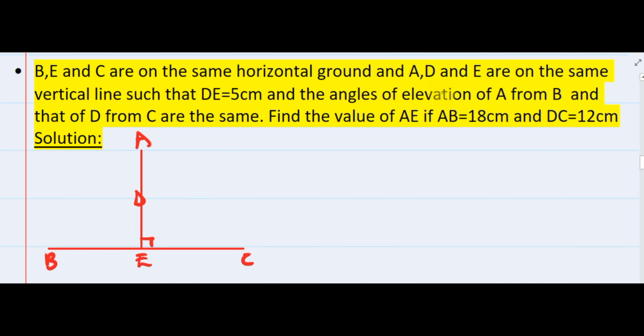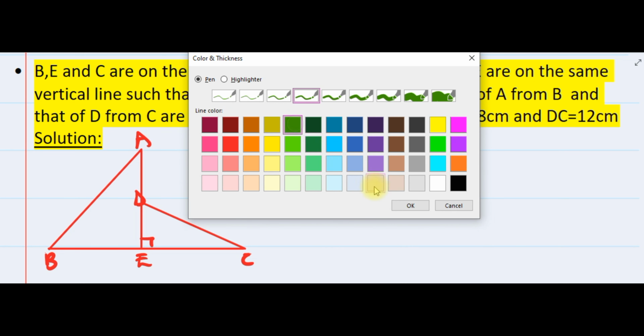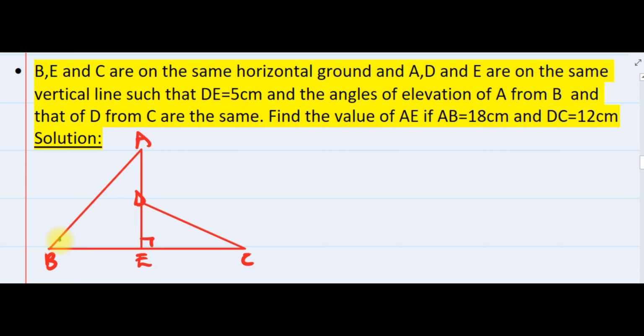Let me just finish. The angles of elevation of A from B, and that of D from C. If they are the same, here is theta, here is theta.